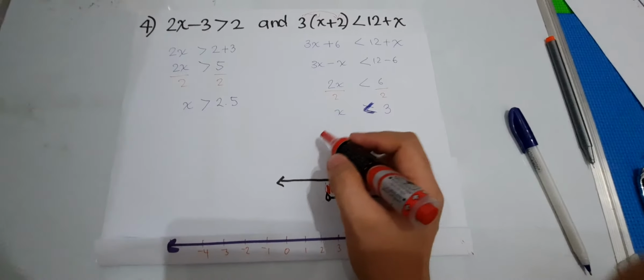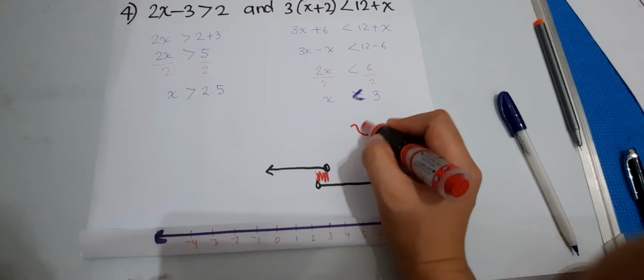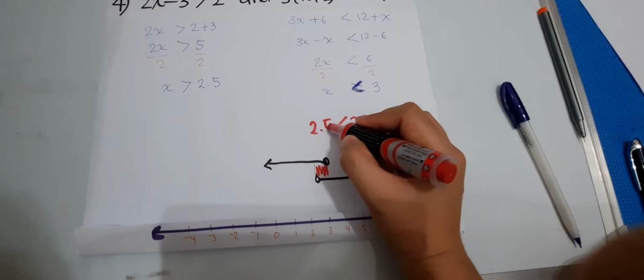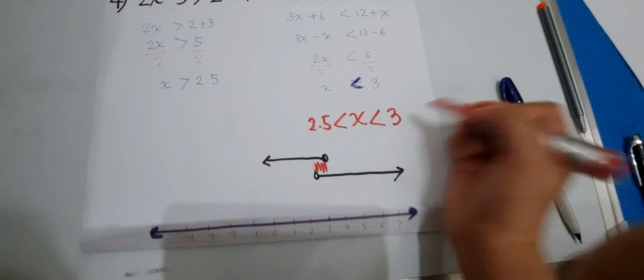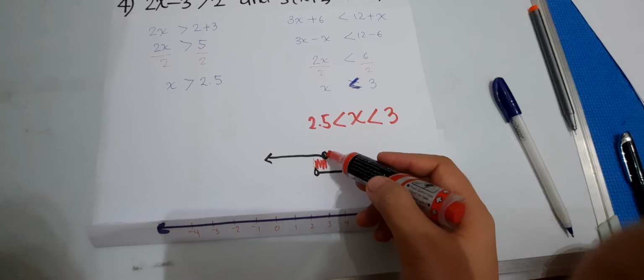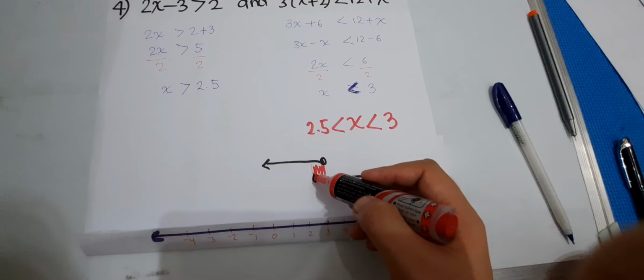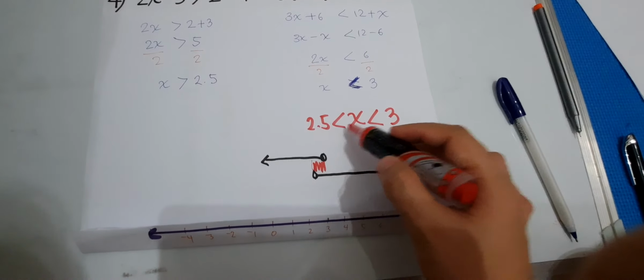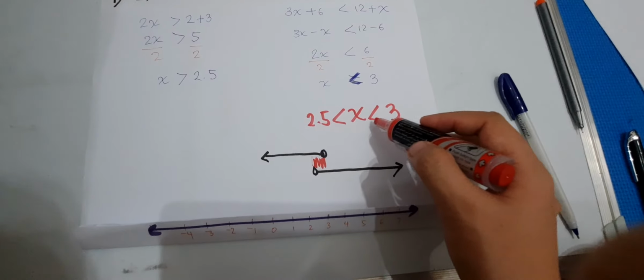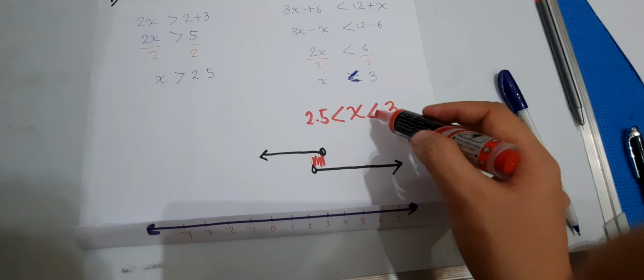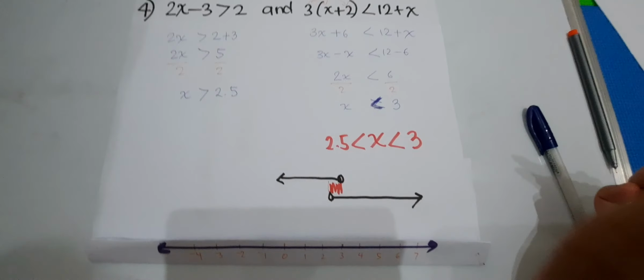Therefore, the solution will be from 2.5 to 3. Now, if this is a change, for example, if this is shaded and this is shaded, all you need to do is put a less than or equal symbol in the less than portion of your solution.